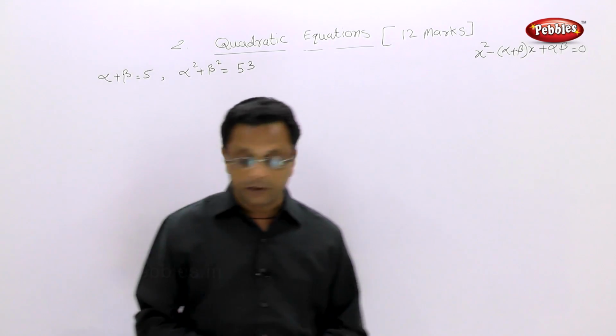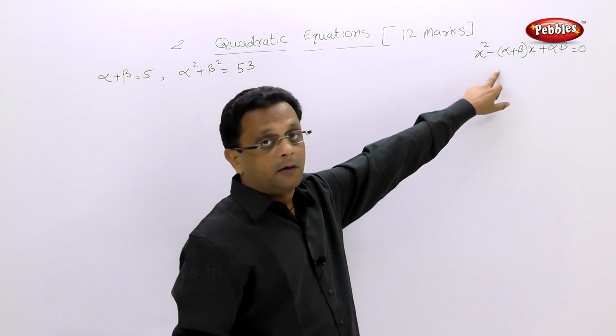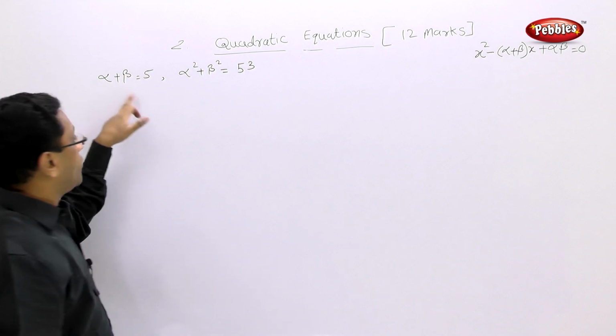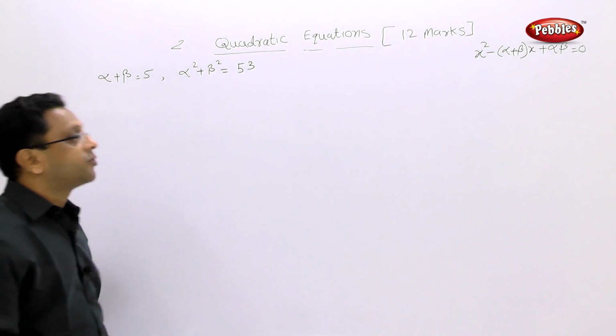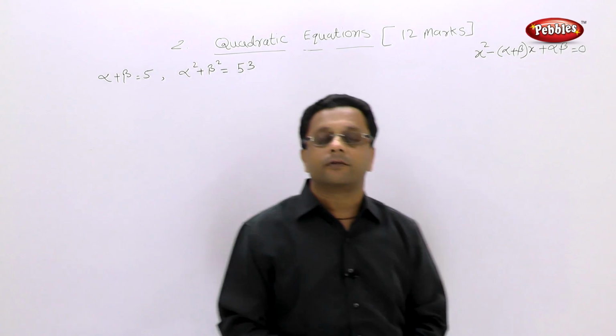Now how will you solve this? We have this formula, but in this case alpha plus beta is given, alpha square plus beta square is given, but alpha beta is not given.